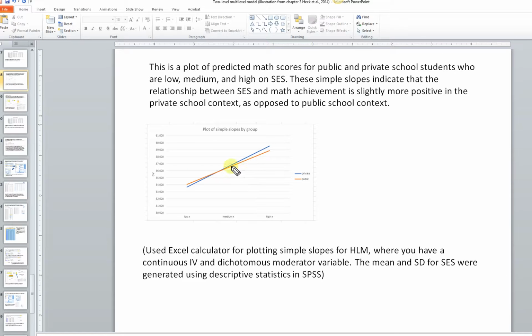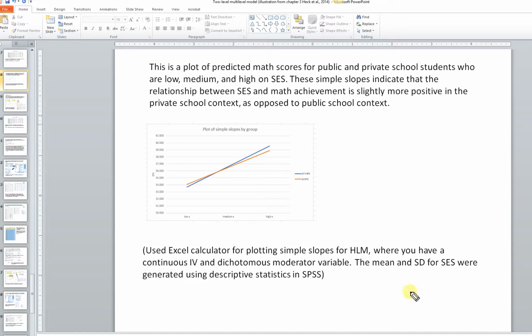You can see that the relationship between student SES and math achievement was a little bit more pronounced in the private schools as opposed to the public schools. Not a whole lot more, but it looks like it is a little bit more pronounced in the private schools.